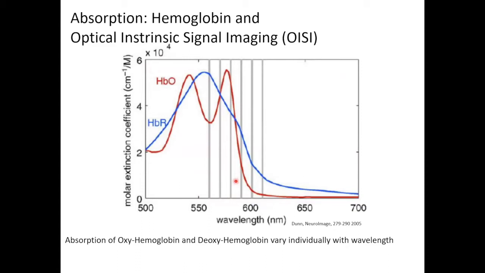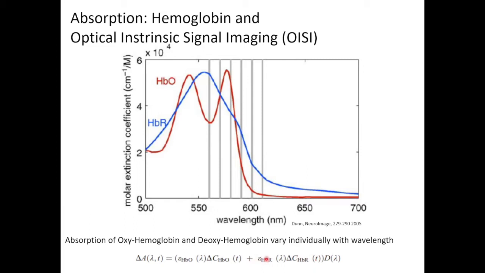There we have the absorption spectra of oxy and deoxyhemoglobin again portrayed here. And we have this nice relationship: the absorbance for a wavelength of light is largely dictated by those two chromophores, oxy and deoxyhemoglobin, and dependent on their extinction coefficients.